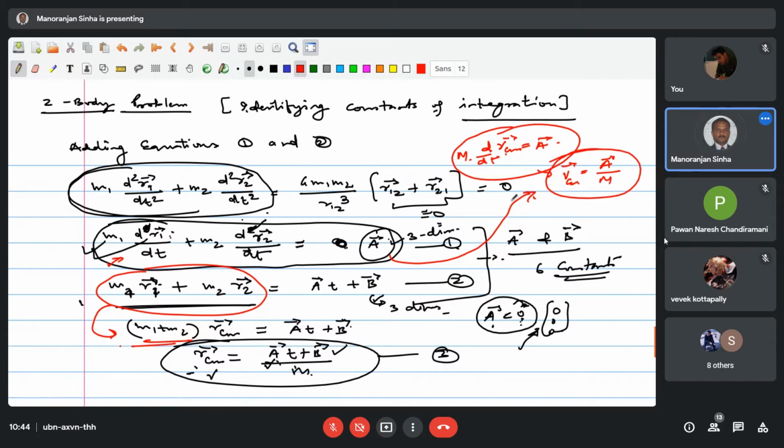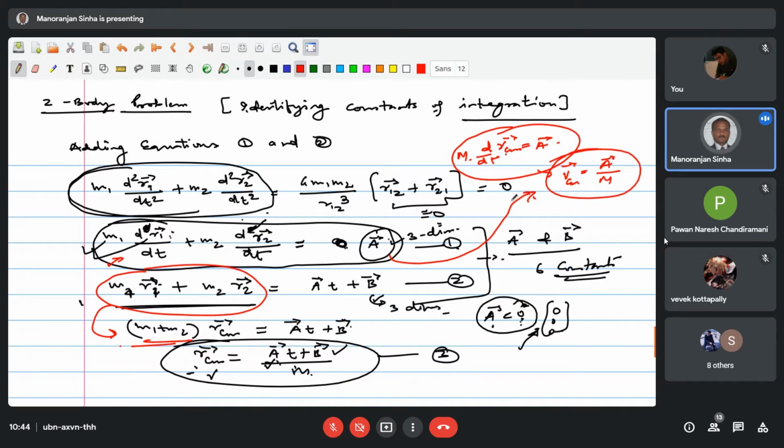And this is quite obvious if you look into Newton's law. A system, a particle which is free from external force, remains in the same state of either motion or rest. So it's very obvious. The two particle system is free from external force. There is no external force acting on the system. It's a mutual gravitational attraction.